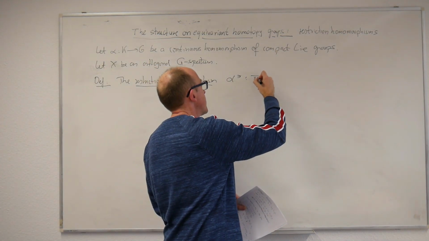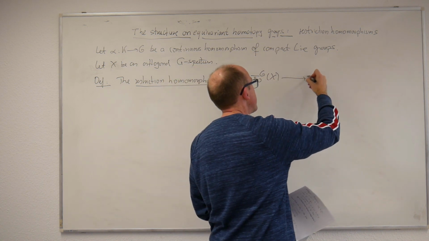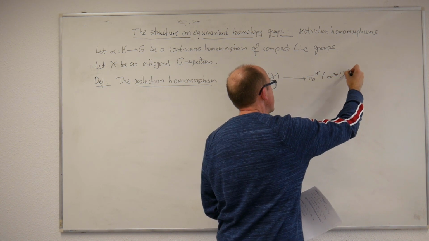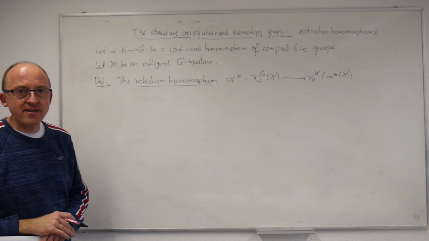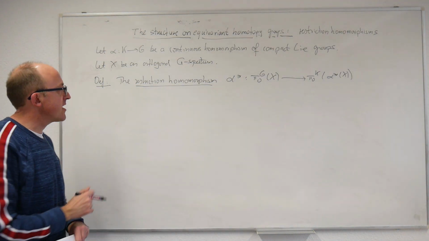This goes from pi 0 G-equivariant of X to pi 0 K-equivariant of alpha upper star of X. So remember, alpha upper star of X is the orthogonal K-spectrum we get by applying the restriction functor levelwise.